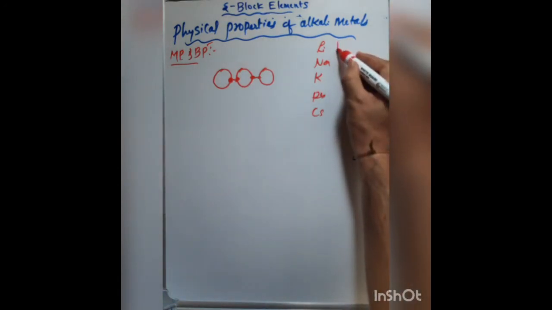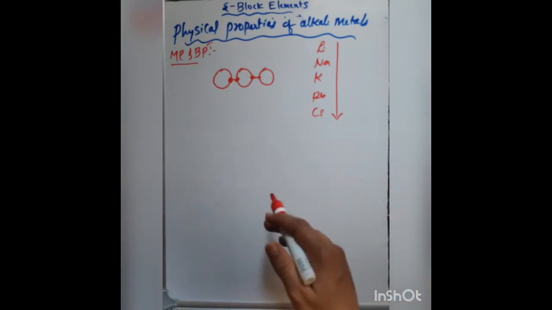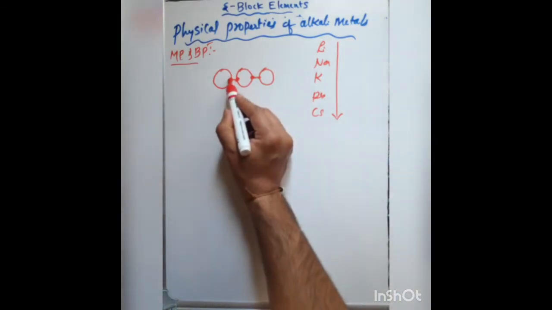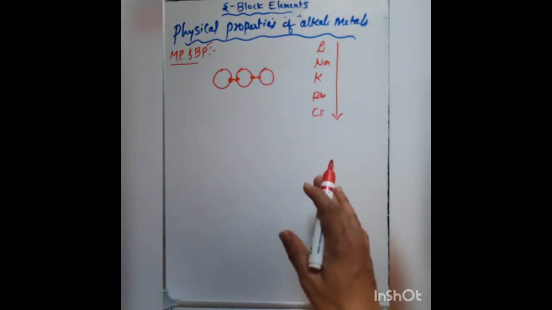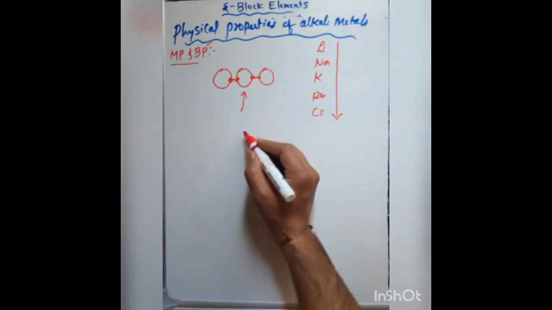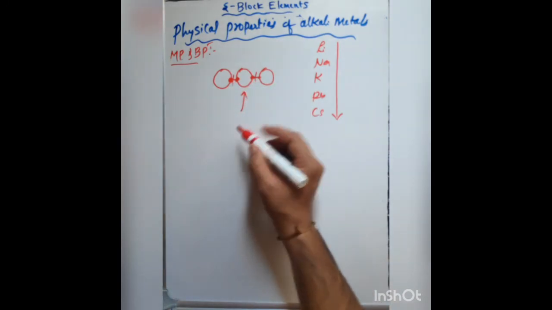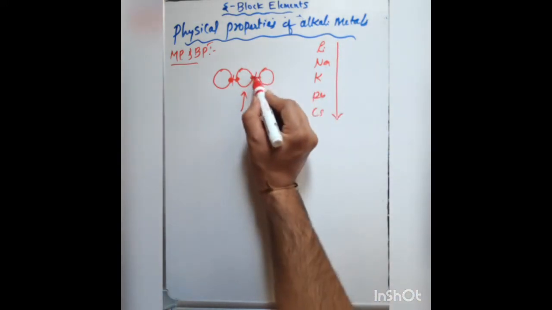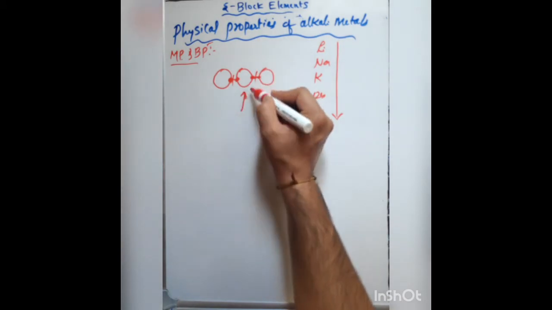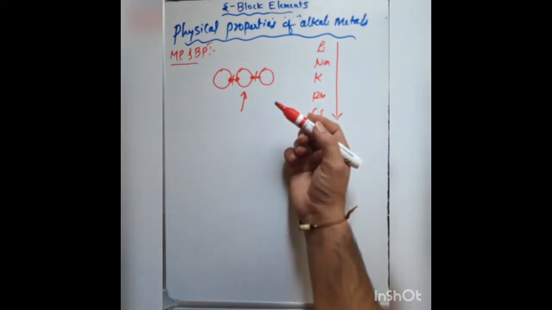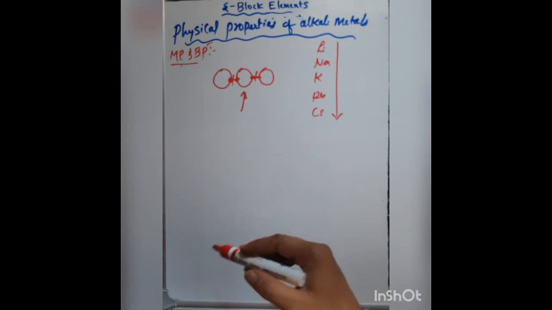And as we go down the group, the melting point and the boiling point will decrease because their intermetallic bond will be getting weaker and weaker. So when we heat the solid, this heat will be used to break the bonds. So as we go down the group, the bond is becoming weaker. So I need less amount of heat to break the bond. So because of this reason, as we go down the group, melting point and boiling point will decrease.